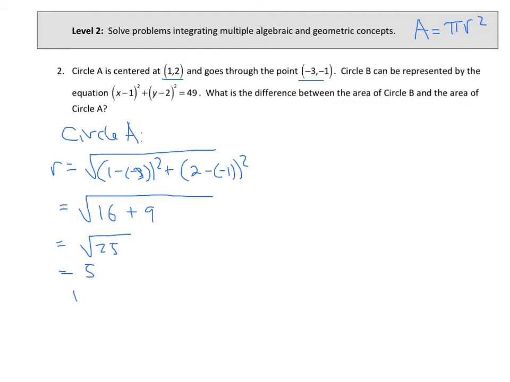So the radius of circle A is 5, and the area, pi r squared, is going to be pi times 5 squared, or 25 pi.